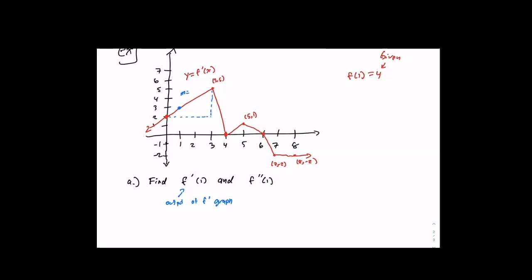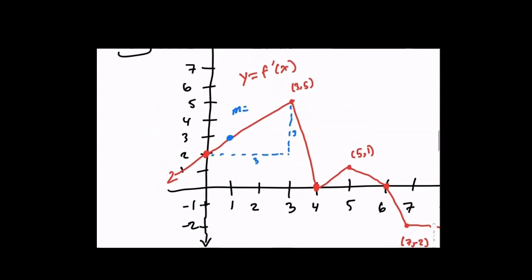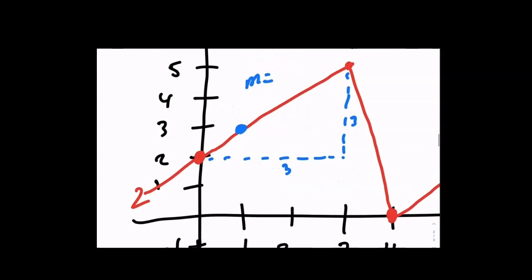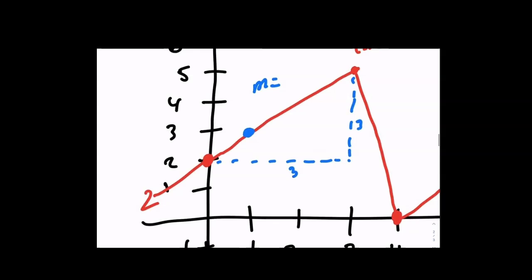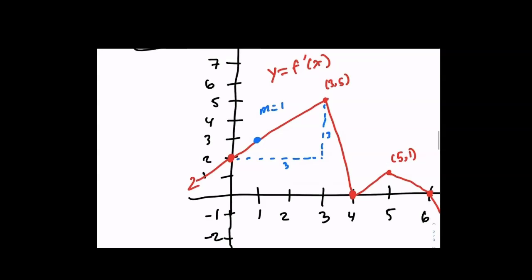In this case, the slope here is a rise of 3 and a run of 3. So what is the slope for that section of the graph? For this section, the rise is 3, the run is 3, therefore the slope is 1.